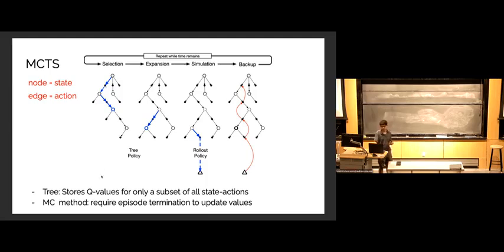The tree, which is the internal state, only considers a portion of your states and actions, and it stores Q values for those actions. Of course, just like any other Monte Carlo method, it requires you to be able to go all the way down to episode termination to update your values.